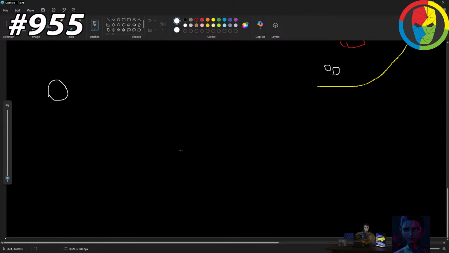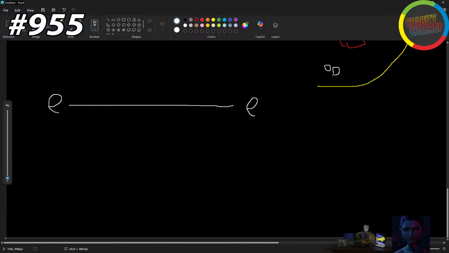Let me go with photons. Let's go with electron, and photon in between them, because that would be easier. So you start with an electron, you end with an electron, right? I'm making up this thought as I go.